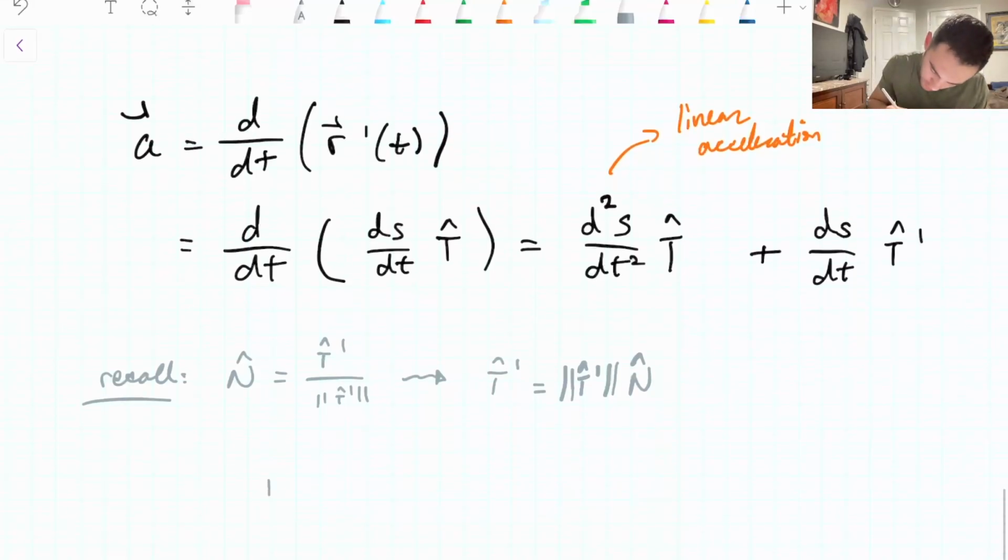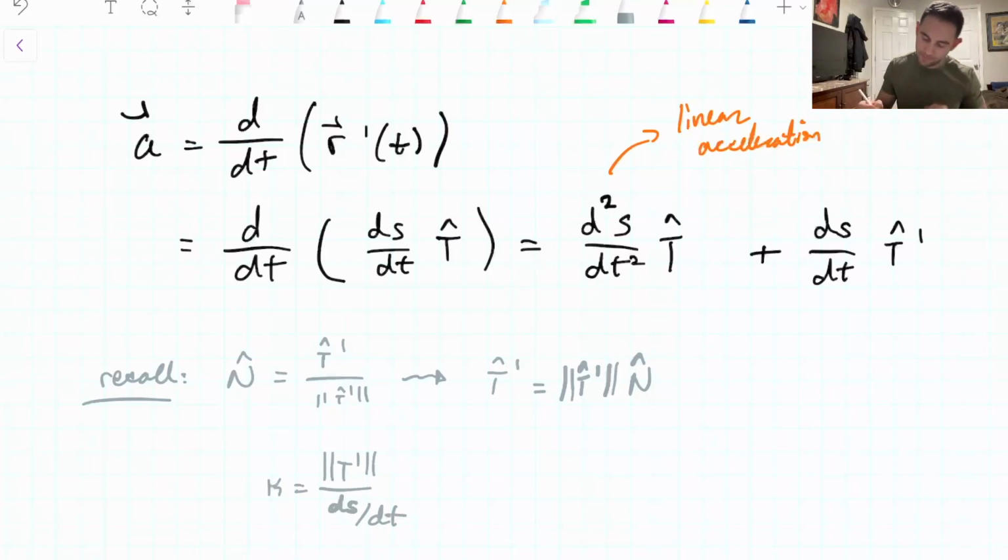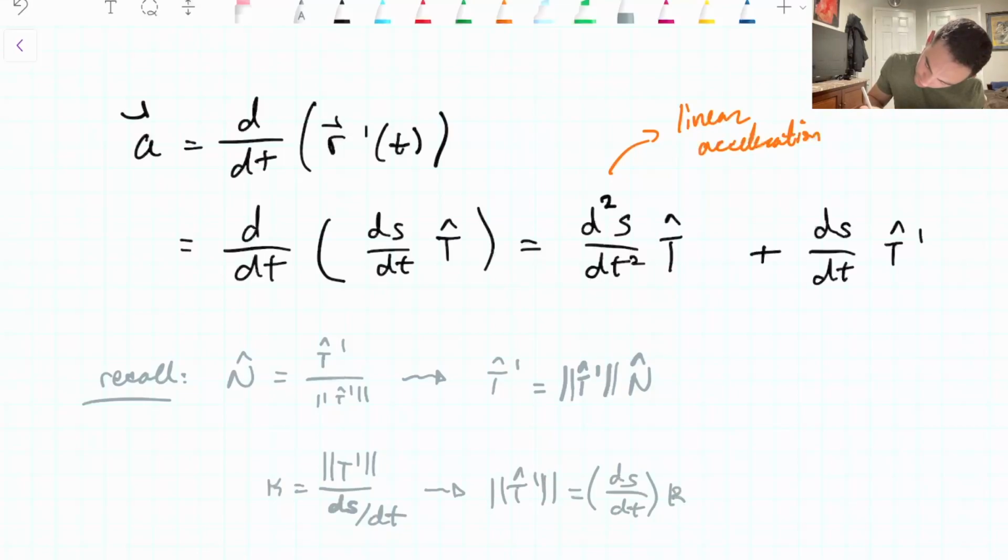It is that curvature equals the magnitude of T hat prime over ds/dt. So T hat prime in magnitude is speed times curvature.